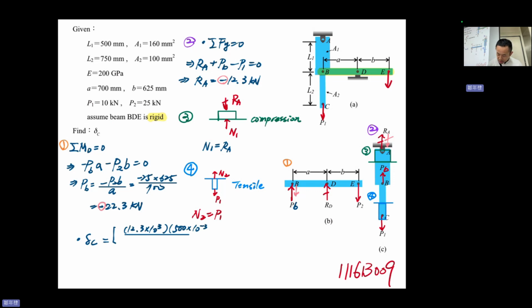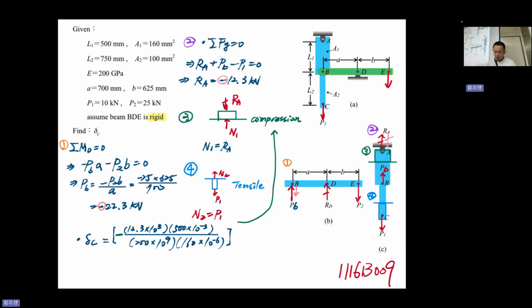This is PL divided by EA. PL, 12.3. What is 12.3? 12.3 is this one. And L is 500, and 200 times 10 to the 9 is E. A is 160 times 10 to the minus 6. This is the first part, and this is compression.